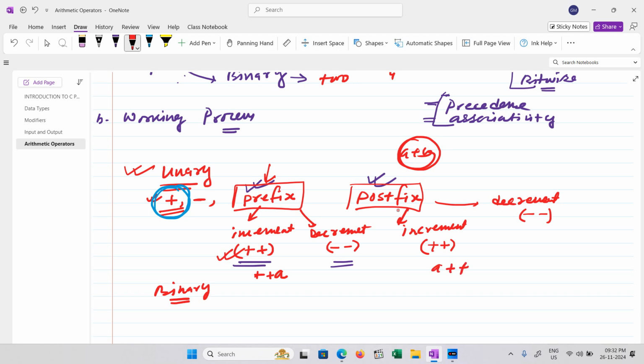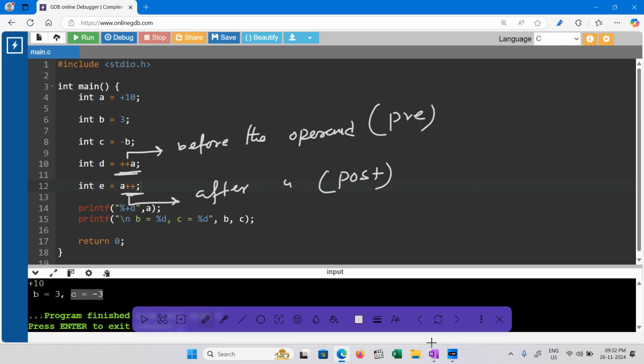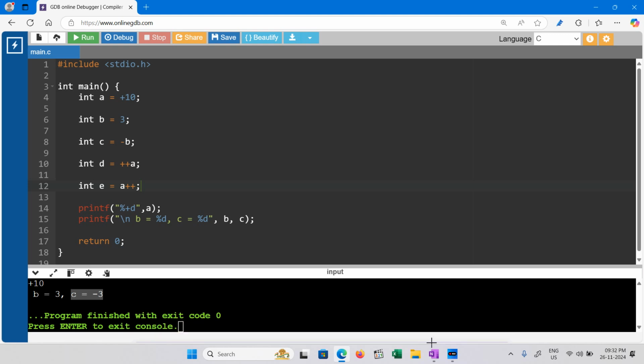So what is the meaning of this plus plus? Here we have seen that when we assign c equal to minus b, b is not updated, only c's value is updated and becomes negative. And with the addition of plus, no extra meaning is added from a mathematical point of view, only that symbol represents a positive integer. But what about these two?